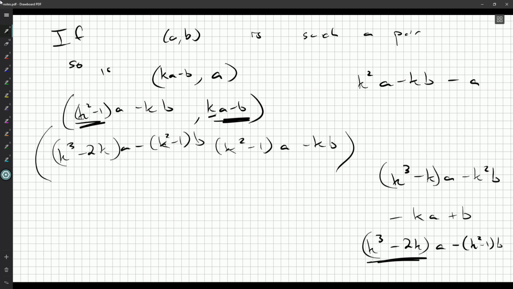There might be some sort of GCD argument here that I can't quite think of yet. Let's see, it went 1, then k squared minus 1, then k cubed minus 2k.